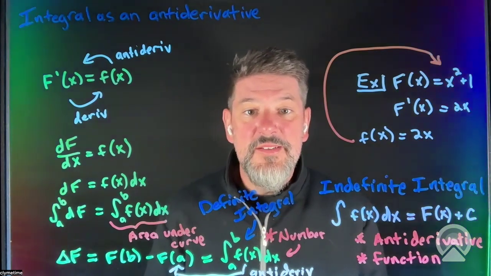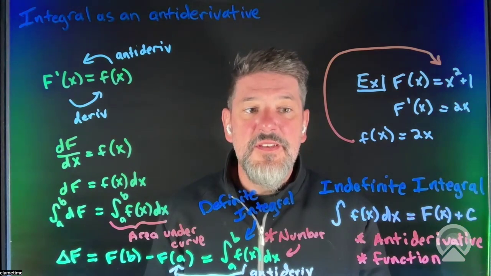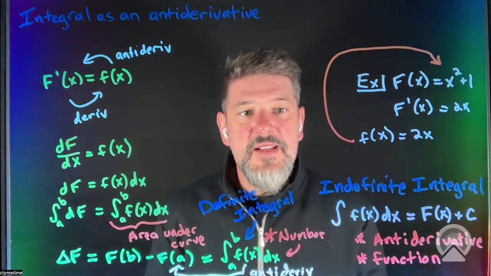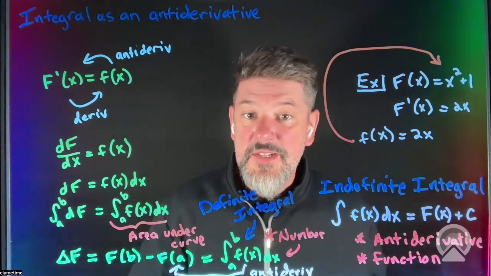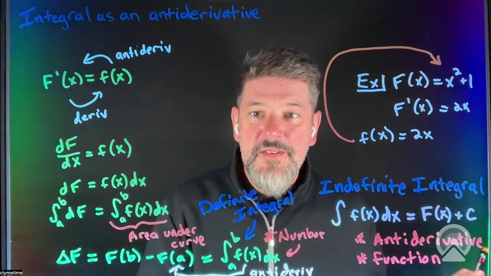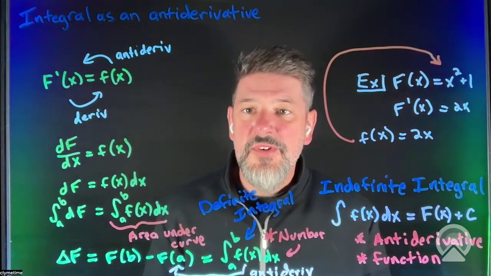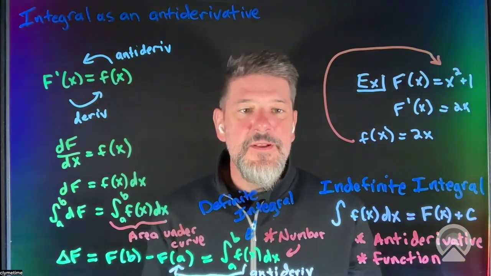Not only that, but you get a family of antiderivatives. You don't get just one function. You get a family of functions where they all have something in common. So going from function to antiderivative is a lot trickier than going from function to derivative. So going from capital F to little f is a lot more straightforward. That's why we start with that, rather than going from little f to capital F.